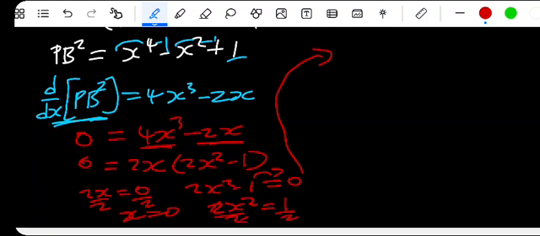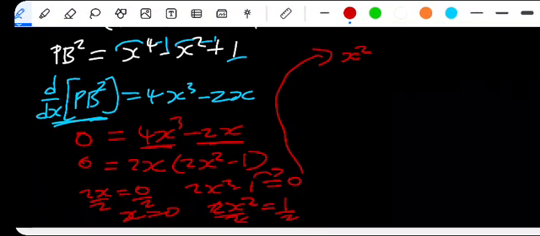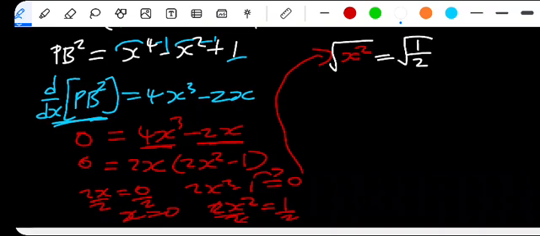You'll have x squared equals to 1 over 2. Then you have to take the square root of both sides. Remember, when you take the square root of both sides, you'll have plus or minus. Obviously, this is the same as 1 over square root 2.